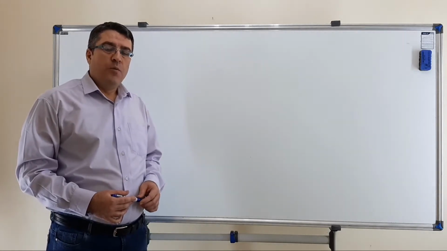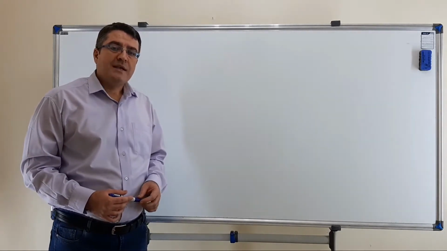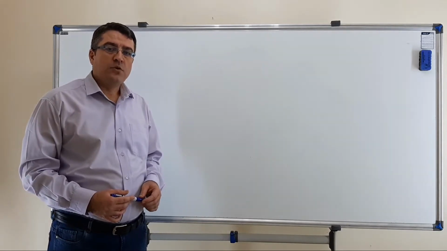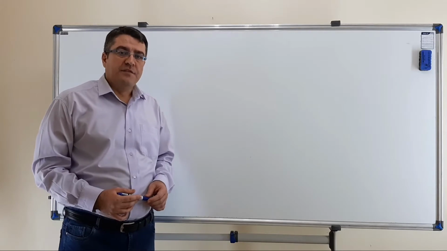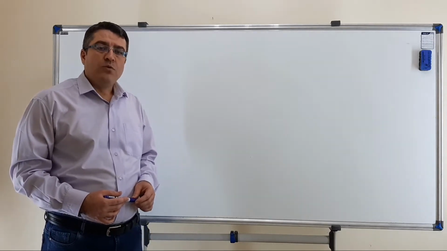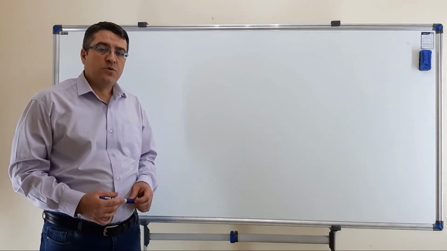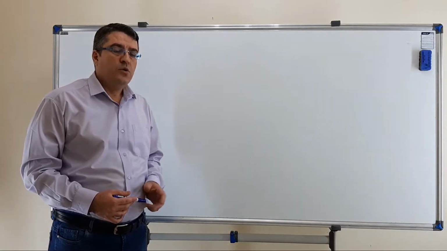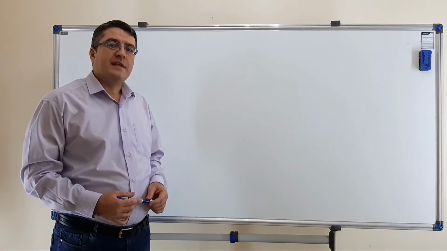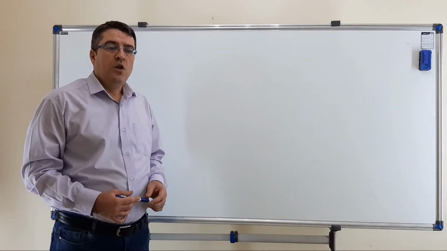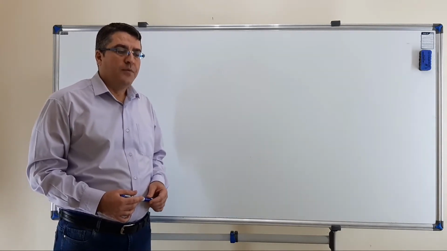Lewis acidity or basicity can be expressed both qualitatively and quantitatively, where a qualitative expression gives an order of relative acidities or basicities, like Lewis acid A is stronger than Lewis acid B, Lewis acid B is stronger than Lewis acid C, and so on.